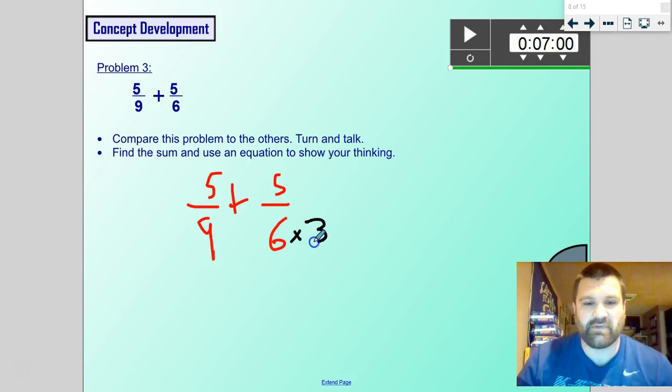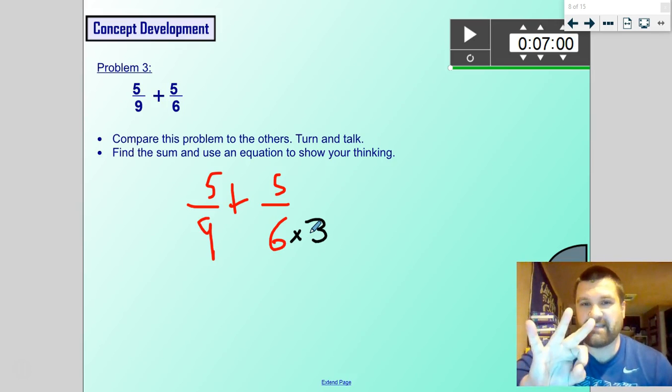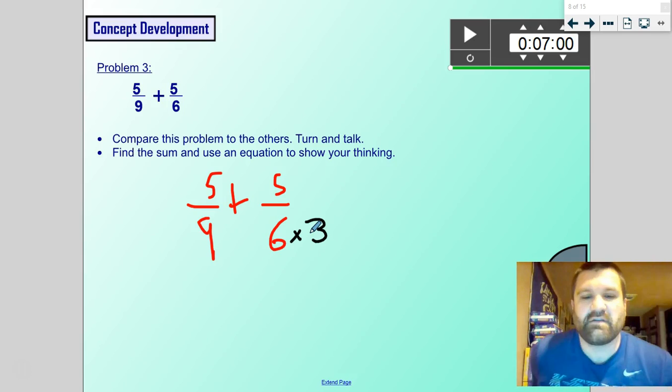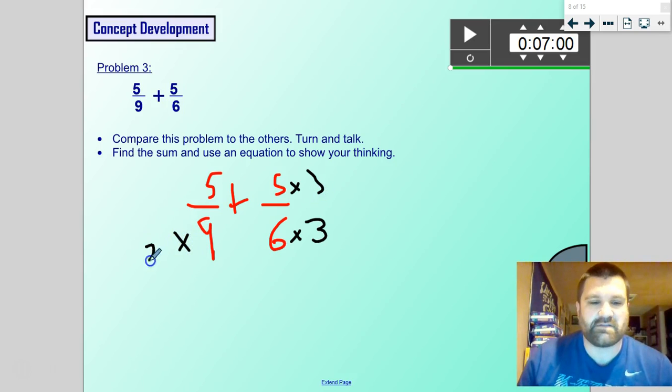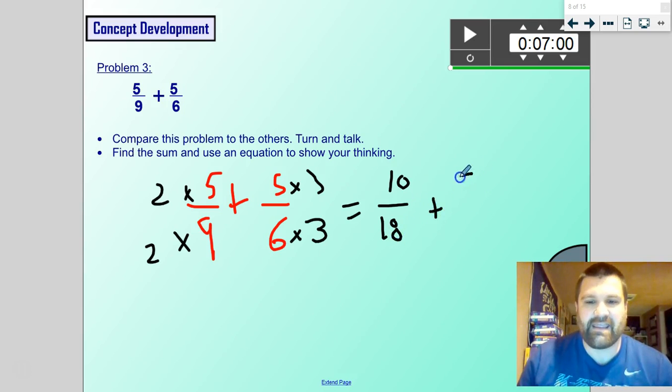You multiply by 3, multiplication, repeated addition, 6, 12, 18, 3 times. And what you do on the bottom, you do on the top. And we know this was twice, and what you do on the bottom, you do on the top. Then you can rewrite it, and you end up with 10 18ths add 8 18ths.